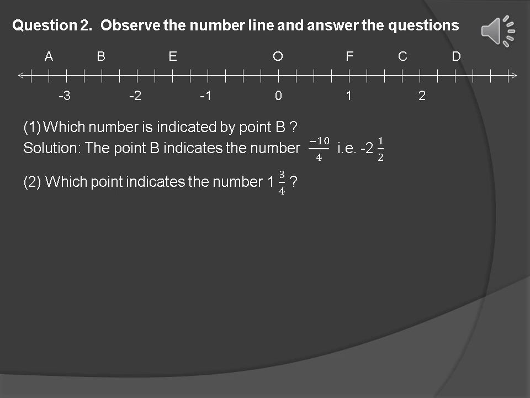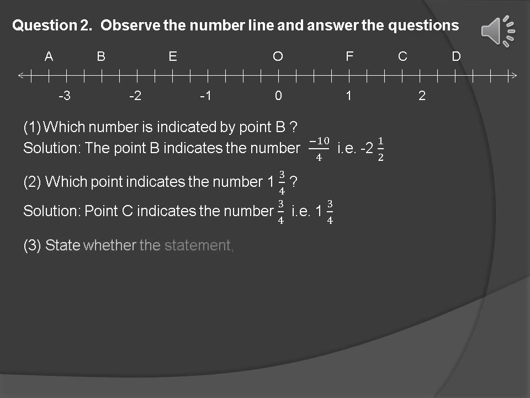Here 1 and 3 upon 4 is equal to 7 upon 4. So you have to see the seventh point from 0 on the right hand side. That is C. So point C indicates the number 7 upon 4, that is 1 and 3/4.